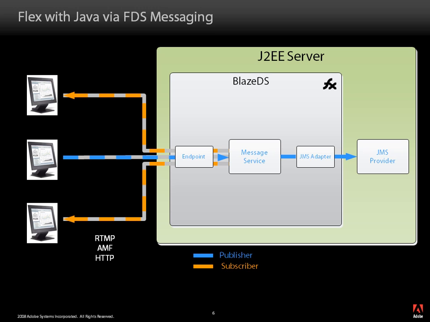Then what actually happens is the Flex message service becomes a client of your JMS system. So that means you can have your Flex client send messages to the Flex message service, which then get relayed into your JMS system. Or the other way around, you can have JMS messages that your message service is listening for, send messages to the message service, and then those get pushed out to the Flex client.